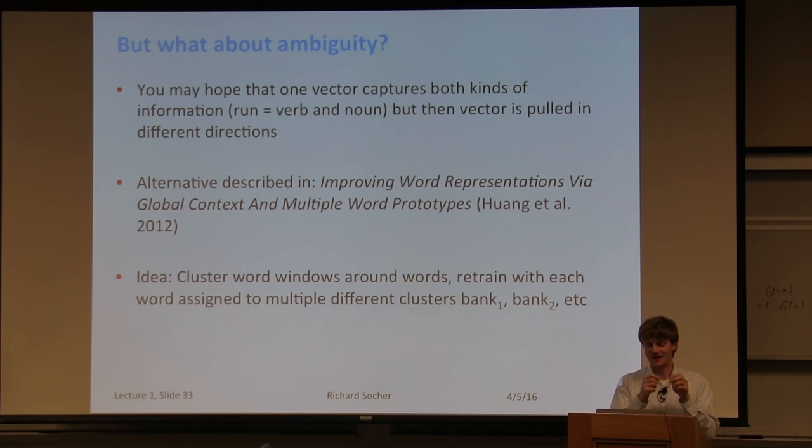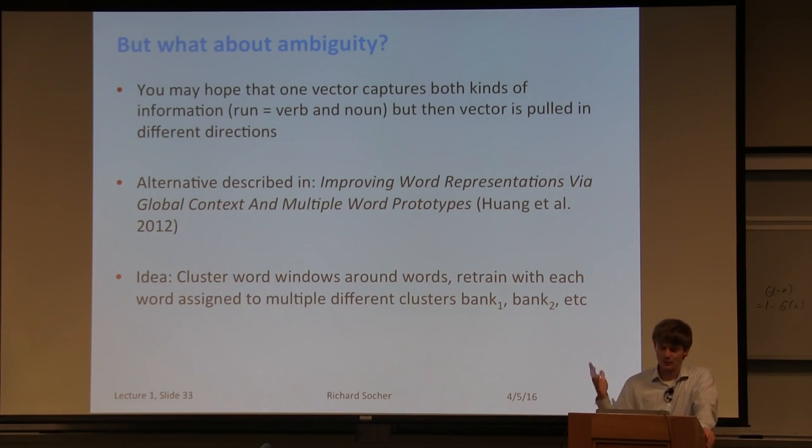And so as you train for each new window, for instance in the skipgram model, and it's a noun window where run happens to appear as a noun, it basically gets pulled closer to other nouns, and then gets pulled away again and goes closer to walking or something if it's in a verb context.